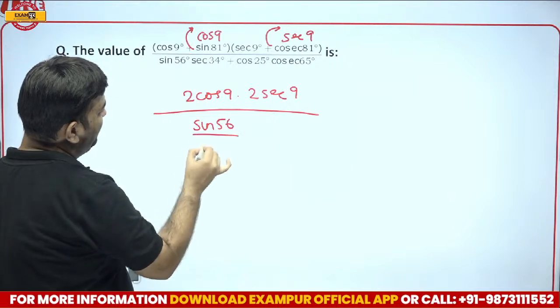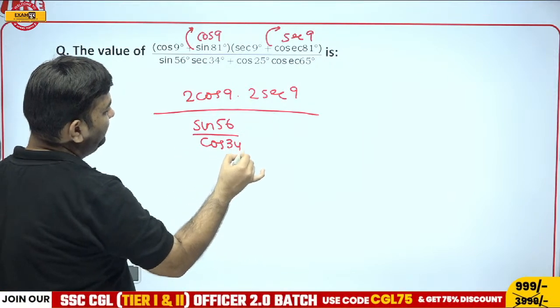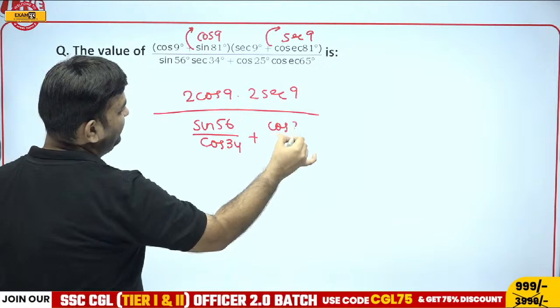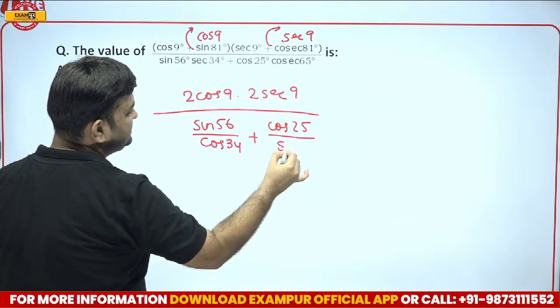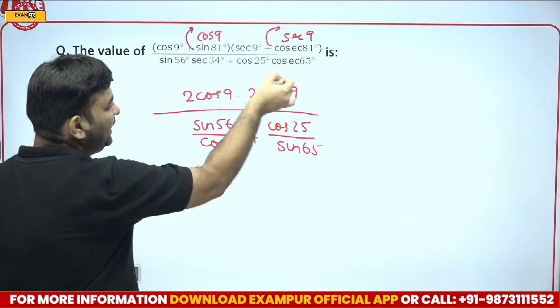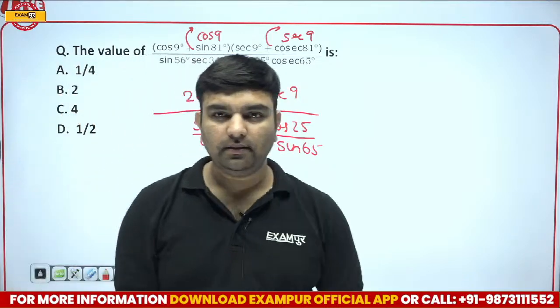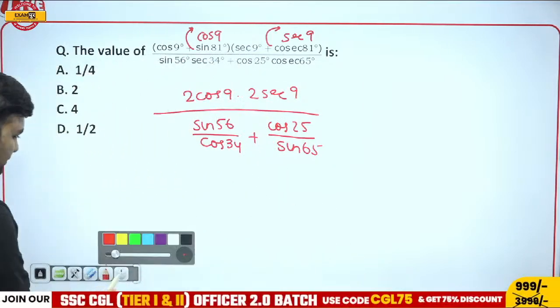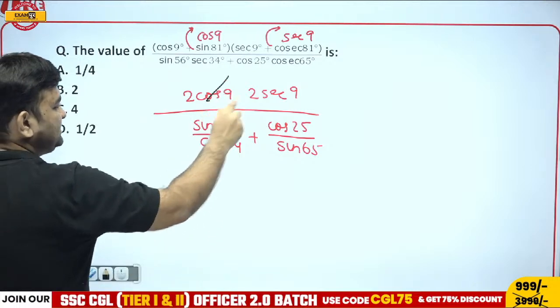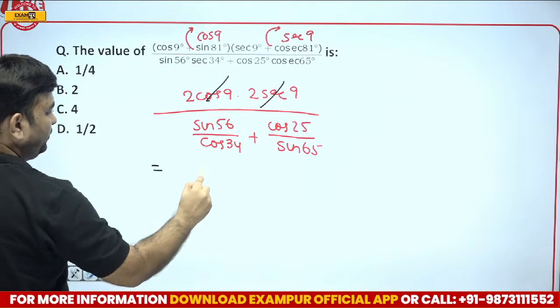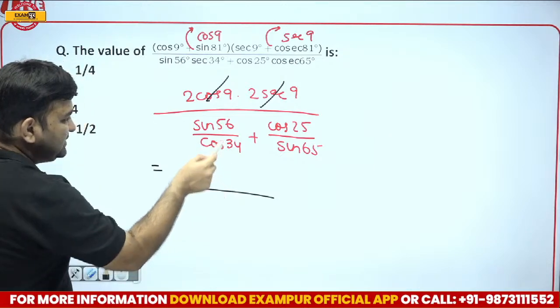Here, sin 56 upon cos 34 plus cos 25 upon sin 65. Inverse, na? Inverse. What a great question. Cos 9 sec 9 will get cancelled out. 4. Angles are complementary.